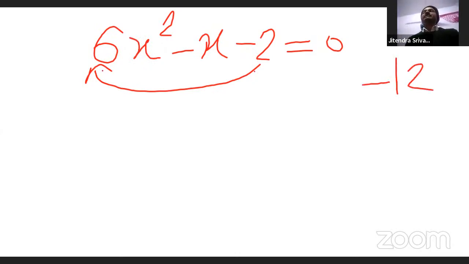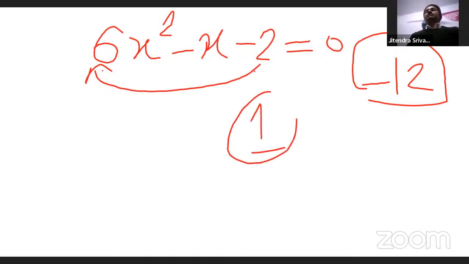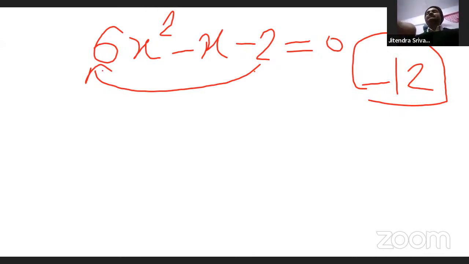So now we have to make some pairs of minus 12, which will bring those two numbers. When we subtract them, we will get 1. So we have to find such numbers. So first of all, we will find the factors of 12. How many factors are there?